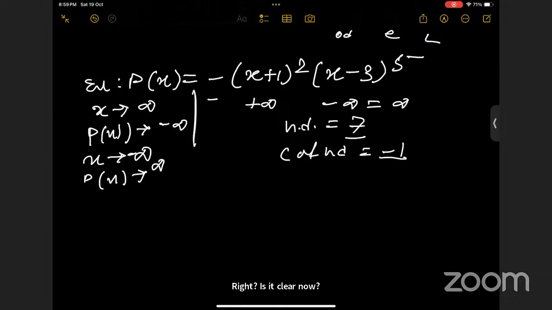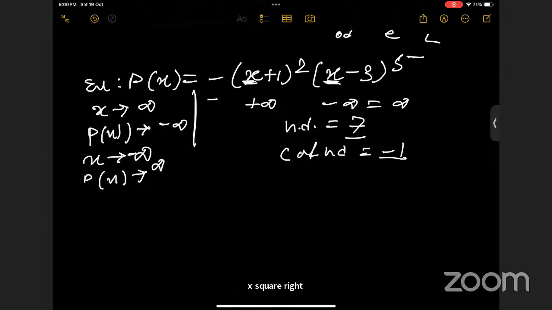Yes, ma'am. Ma'am, how do you find the coefficient of the highest degree? The highest power gives the highest degree. From here we will find x to the power 5, and from here we will find x squared.